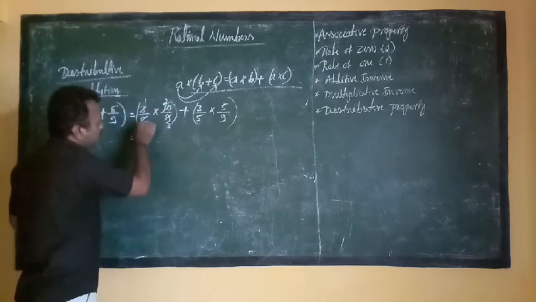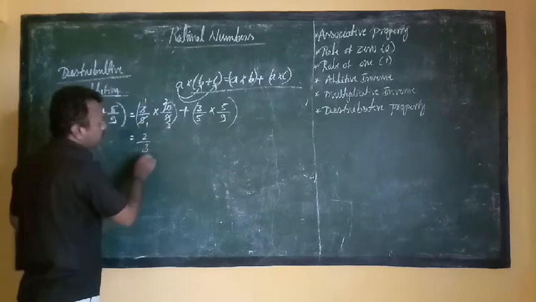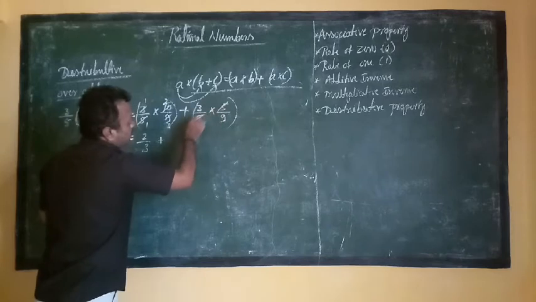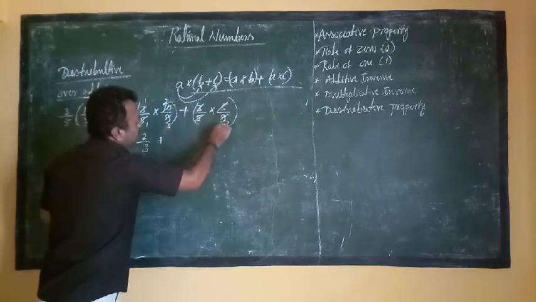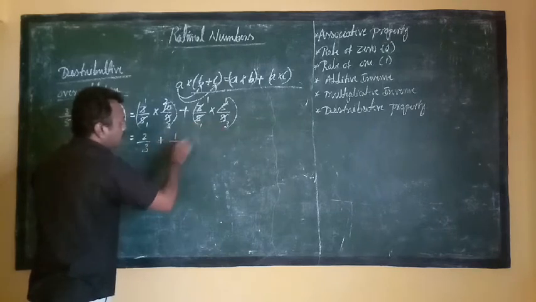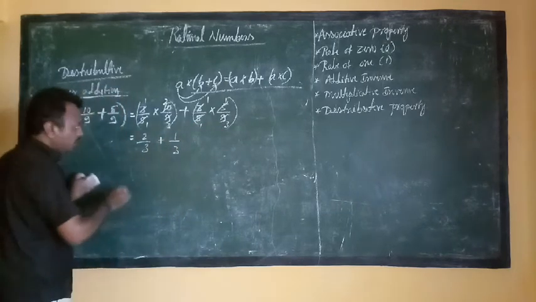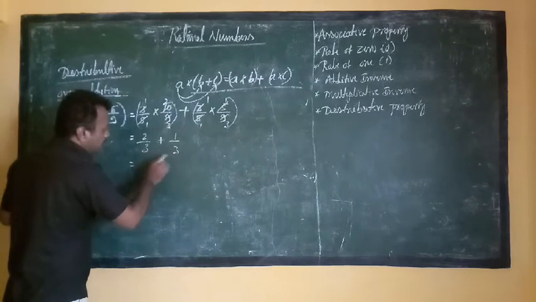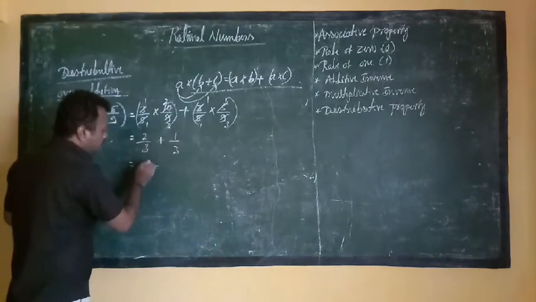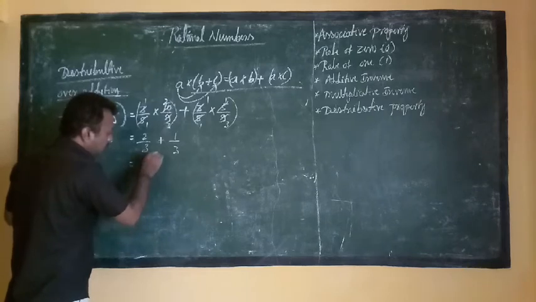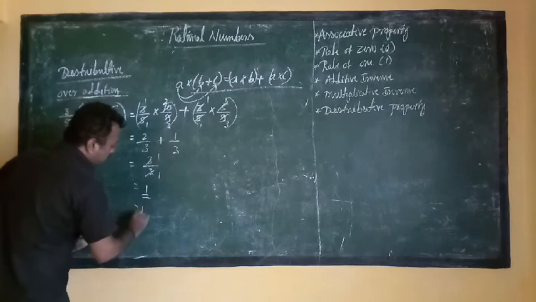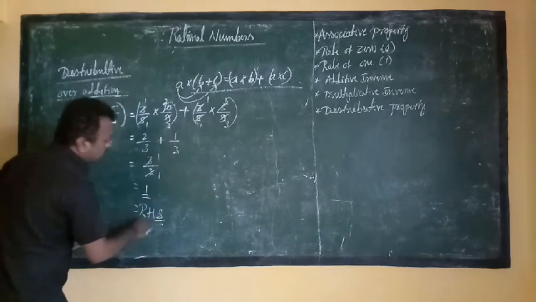What is the denominator? Here 1. 3 ones are 3. 2 by 3. So plus, 3 and 5, 5 get cancelled. 3 ones are 3, 3 threes are 9. Here 1, here also 1. 1 into 1 is 1. So here also 1. 3 ones are 3. So finally, denominators are same. Add the numerators, 2 and 1. So 2 plus 1 is 3. 3 get cancelled. Remaining is 1. So this is called as RHS, that is 1.